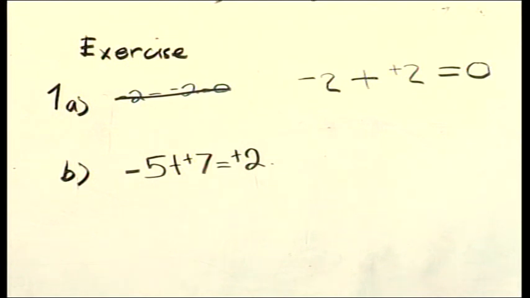The first integer is negative 5, and then moving 7 places towards the right direction, and the answer is positive 2. So this number sentence is correct. Receiving students and 7s, you should have something like that for your answer.